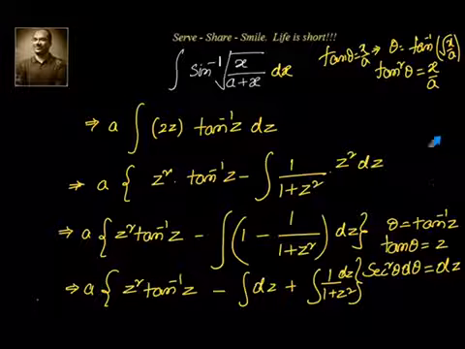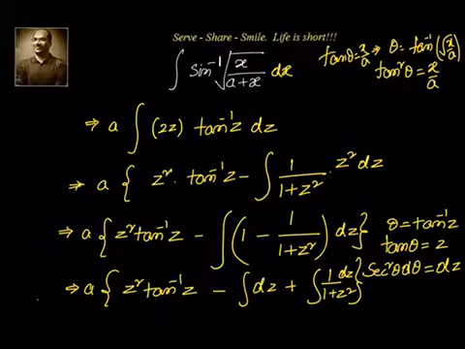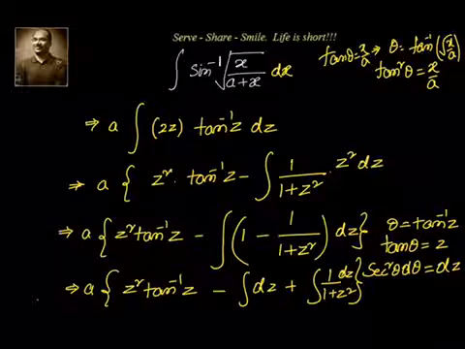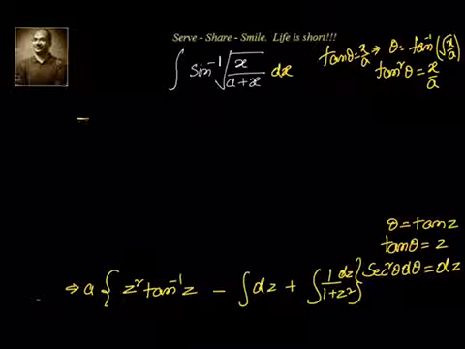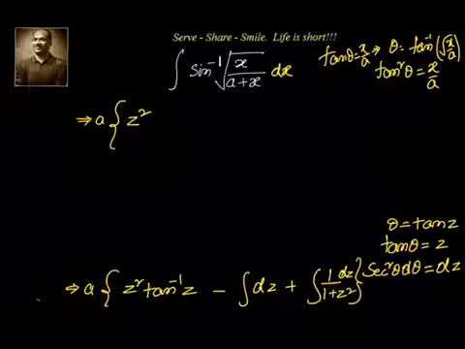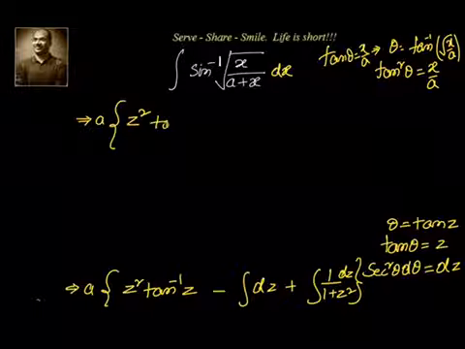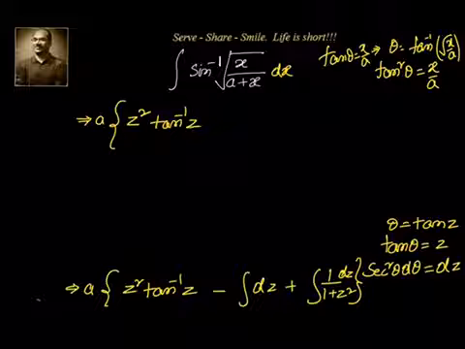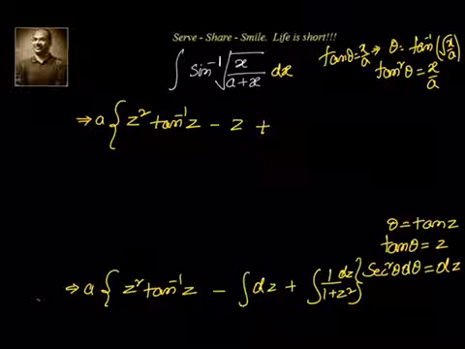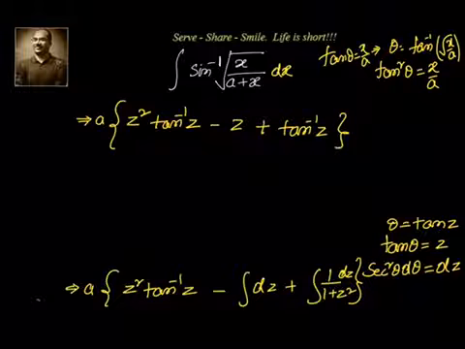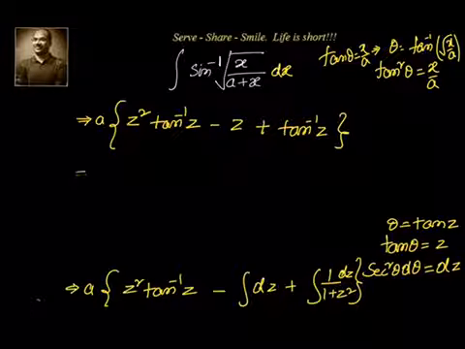We have to just go back and substitute in terms of x so that we can write down the solution. So let's go to the next step. It will be equal to a into z square tan inverse z minus integral of dz is z plus integral of dz by 1 plus z square is tan inverse z. So let's substitute now the values in terms of x.